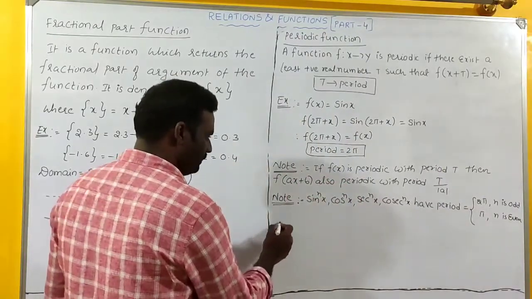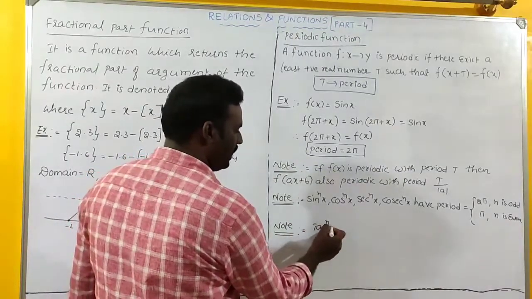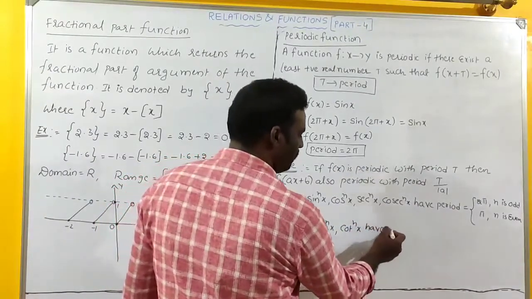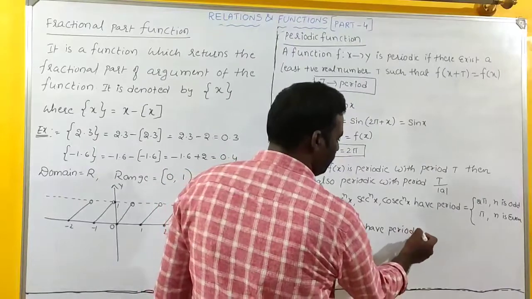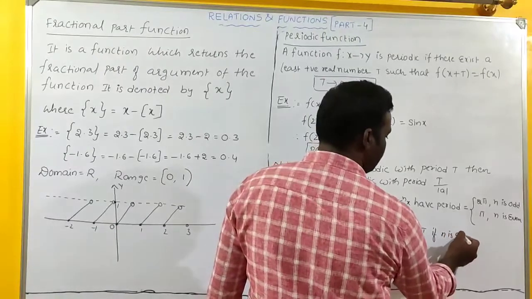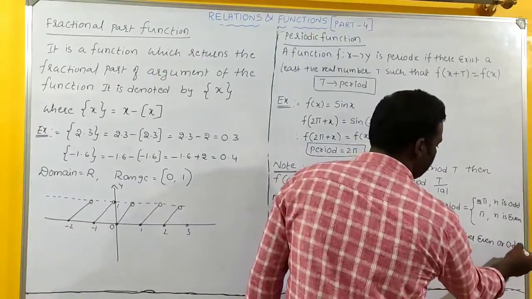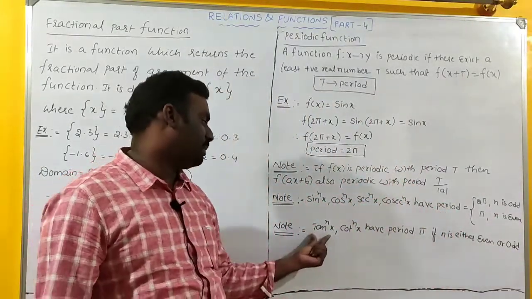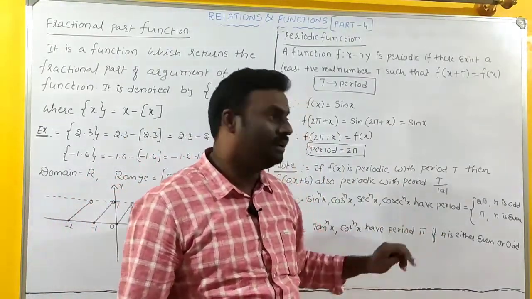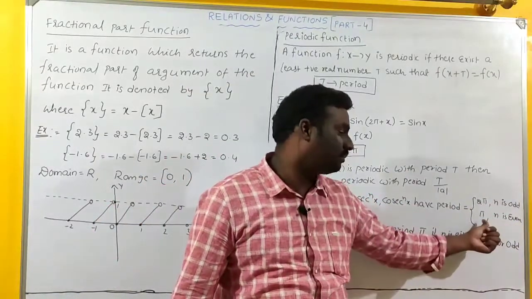Now, the last point. Tan power nx and cot power nx have period pi if n is either even or odd. If the function is in the form of tan power nx or cot power nx, there is no need to verify whether n is even or odd; the period is pi. But for the others, if the power is odd, the period is 2 pi, and if the power is even, the period is pi.